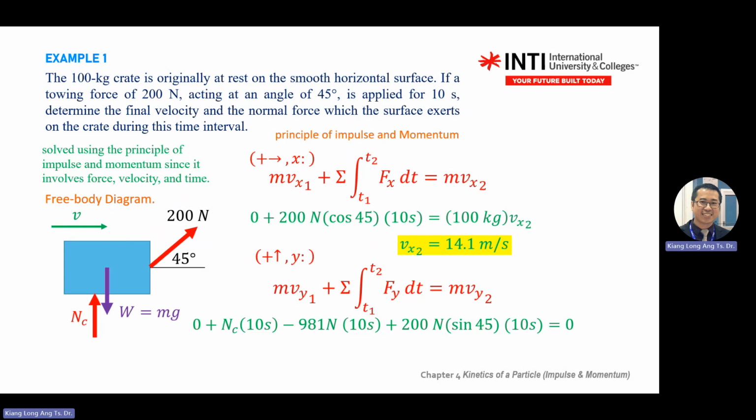In the principle of linear impulse and momentum, as long as you have a force inside your free body diagram, it will generate impulse. If there is friction, then friction generates impulse. I need to highlight this one: as long as there is a force, it will generate impulse. In this case, in y direction, NC, W, and 200 sine 45, each multiplied by 10 seconds. Then here, Vy2.